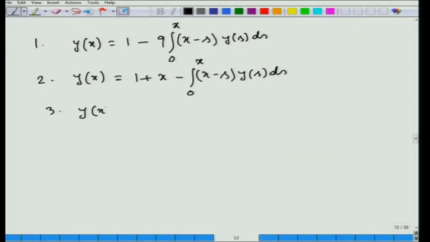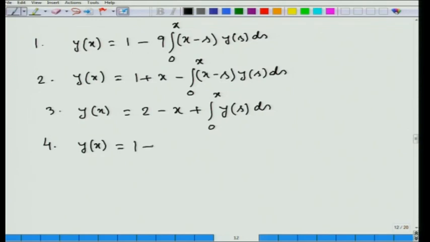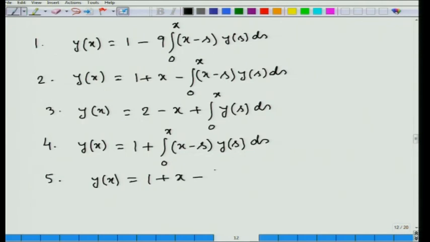Number 3, y(x) = 2 − x + ∫₀ˣ y(s) ds. Number 4, y(x) = 1 + ∫₀ˣ (x − s) y(s) ds, and problem number 5, y(x) = 1 + x − ∫₀ˣ y(s) ds.